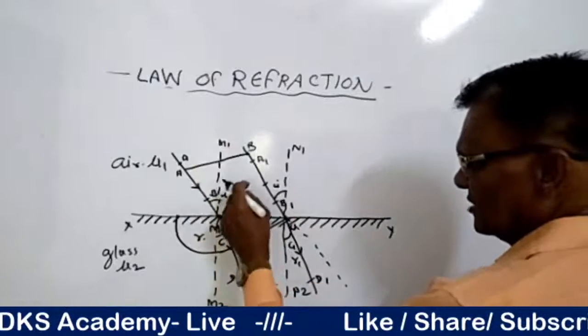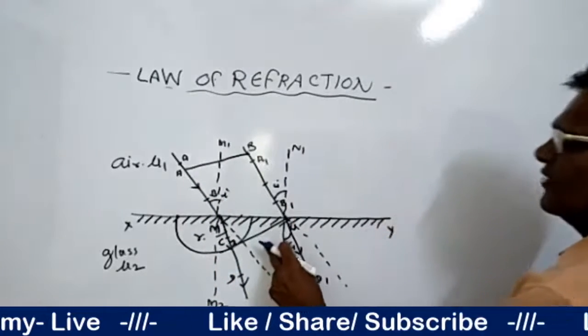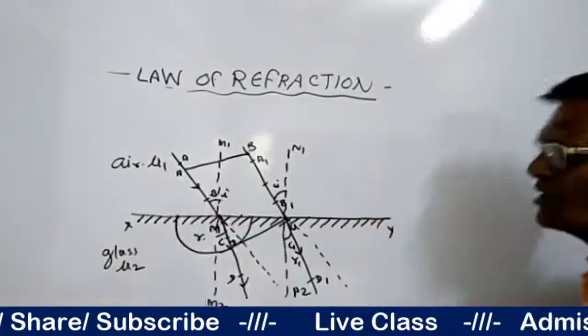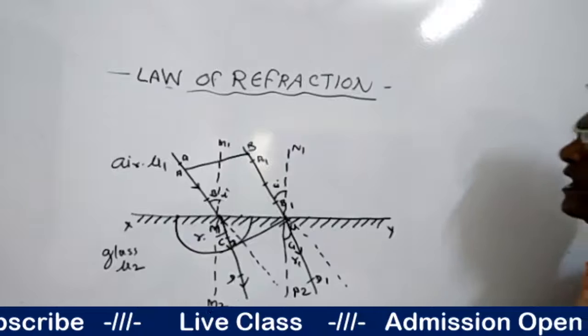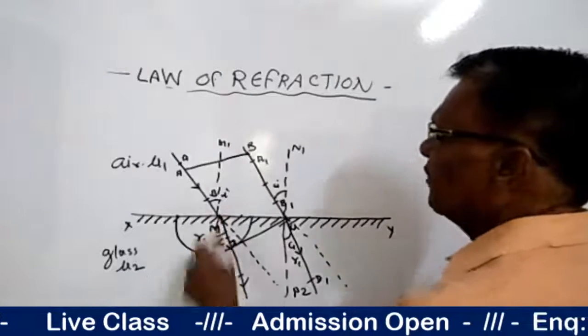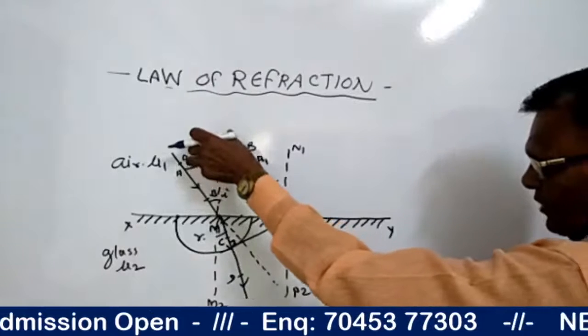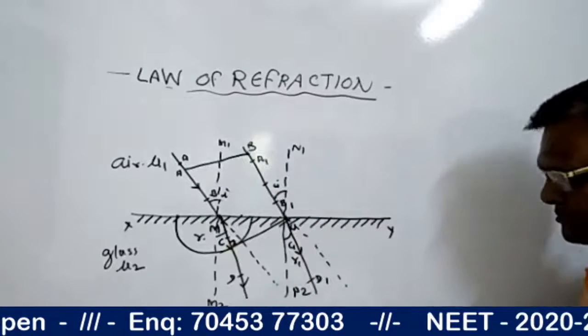When this collection is coming into the refracted area, that is in glass, it will come in the form of a sphere, and this hemisphere shows how this wave is converted into wavefront.